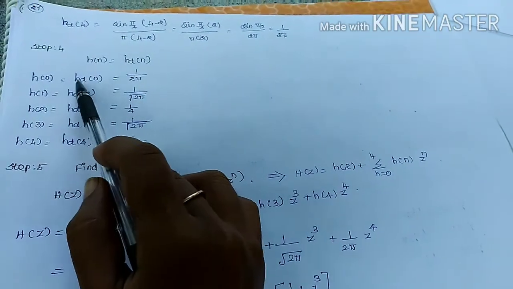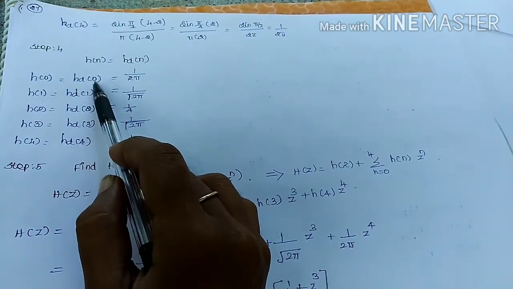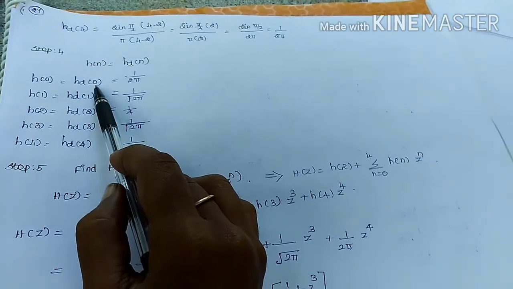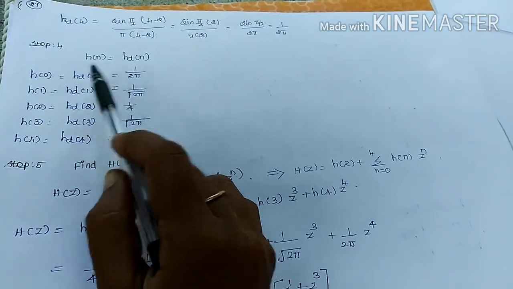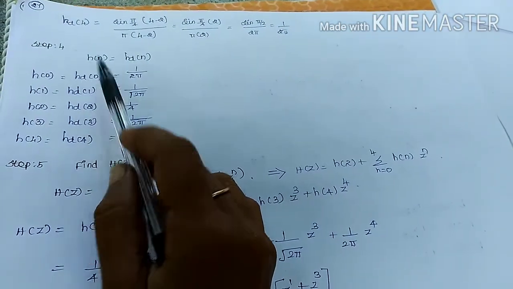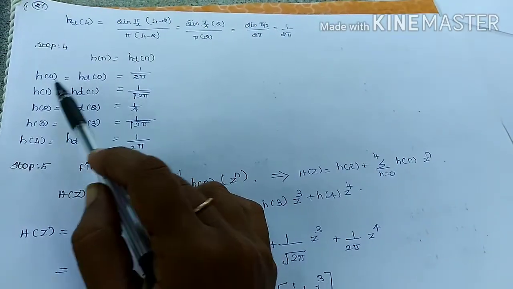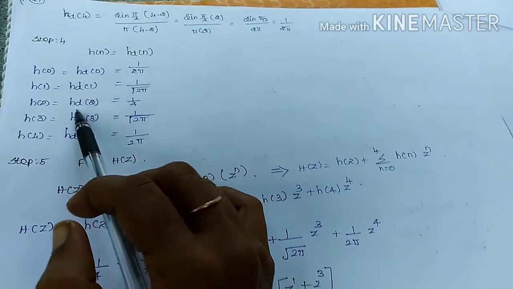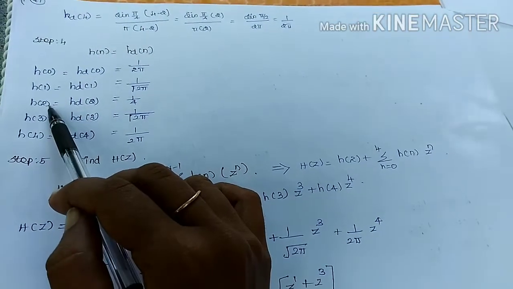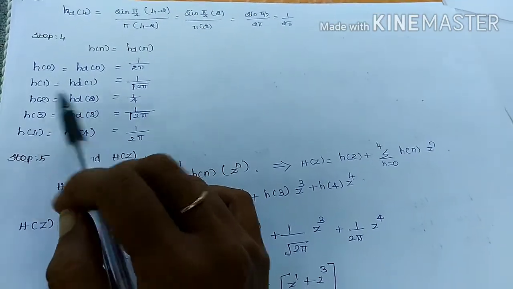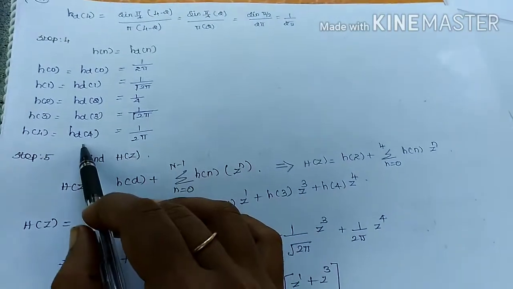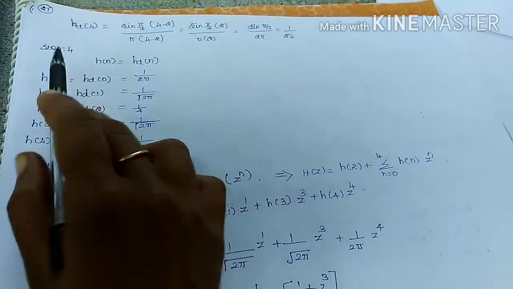The hd of 0 value is 1 by 2 pi, which is equal to h of 0. Similarly hd of 1 is equal to h of 1, hd of 2 is equal to h of 2, hd of 3 is equal to h of 3, hd of 4 equal to h of 4. This is step number 4.